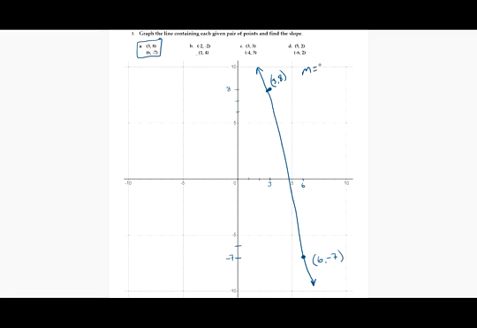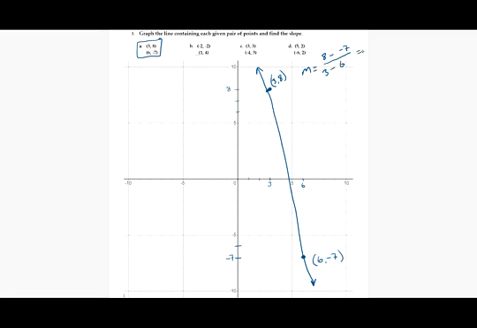And so the slope is the change in y, so the y value minus the y value. So our 2 y values are 8 and negative 7. So let's say 8 minus a minus 7. And then x minus x, so 3 minus 6.